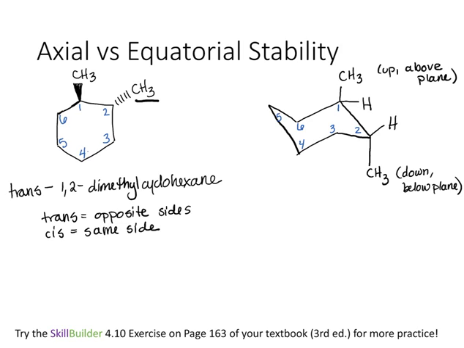Okay, so let's figure out if this is stable. Let's draw the hydrogens on the other carbons that are nearby. I'm going to draw a hydrogen coming up on carbon 5, and then I'll also draw one coming down on carbon 4.